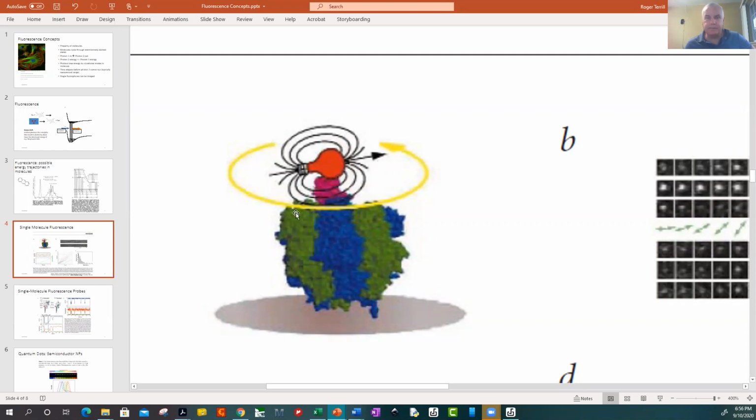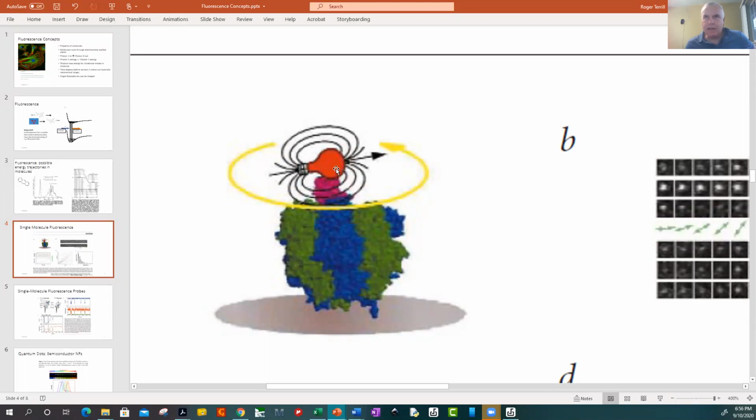Even better, this is a membrane-bound protein, which you can lay flat on a microscope slide. Then you can irradiate it with light coming down in this direction. Does that make sense?